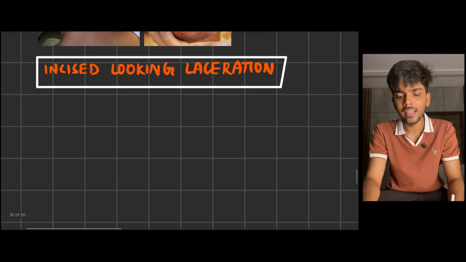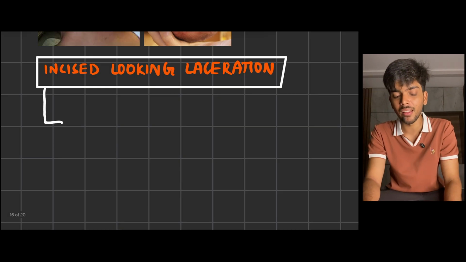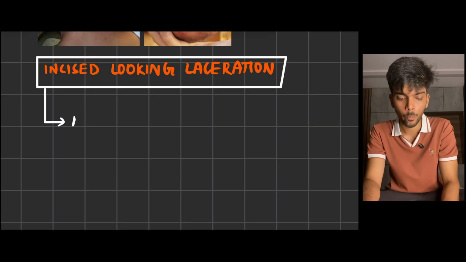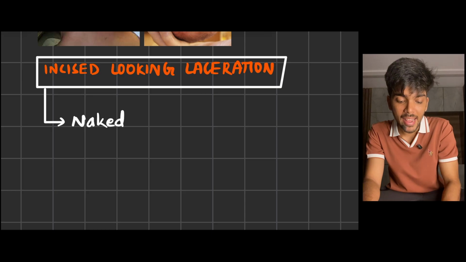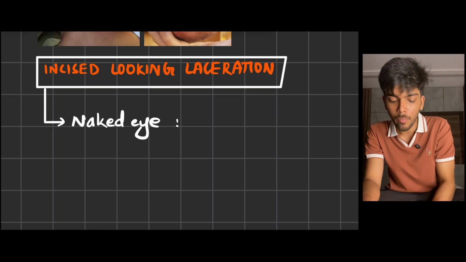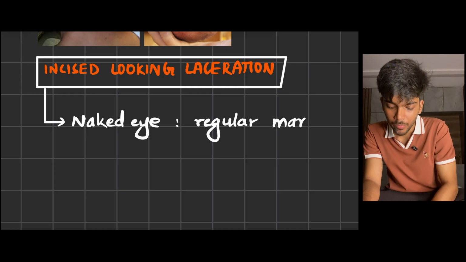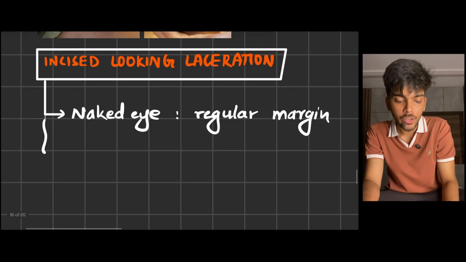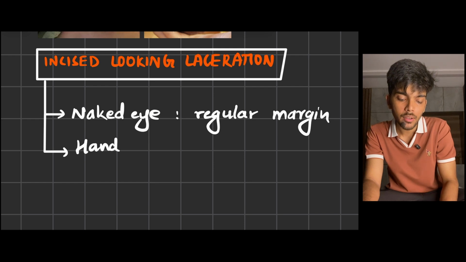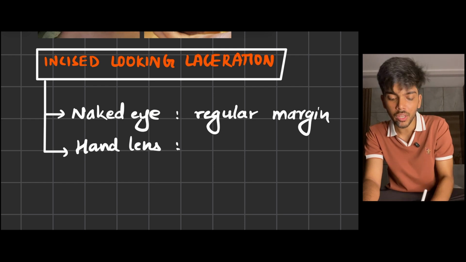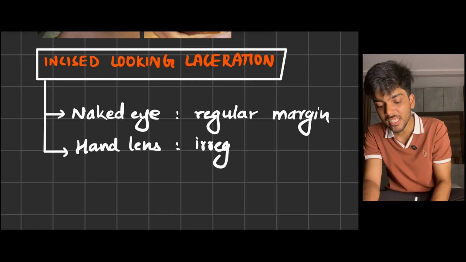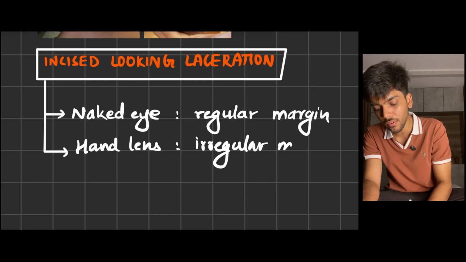Now the question is, is the margin really regular? And the answer is no. It is just to the naked eye that the margin appears to be regular. But if you go ahead and use a hand lens to truly appreciate the morphology of the injury, you can appreciate the irregular margin.